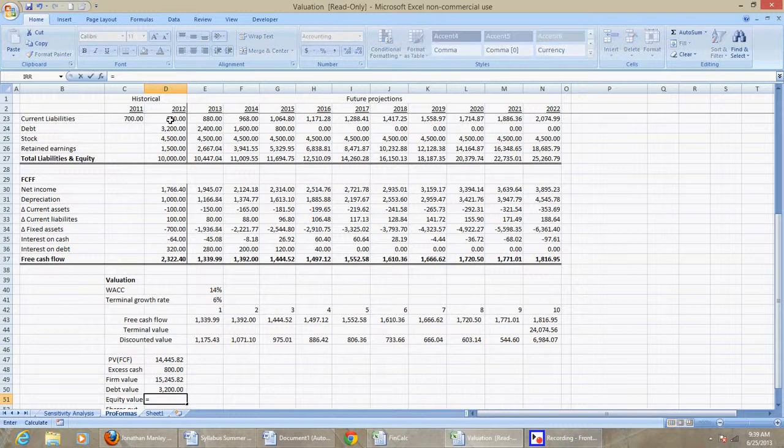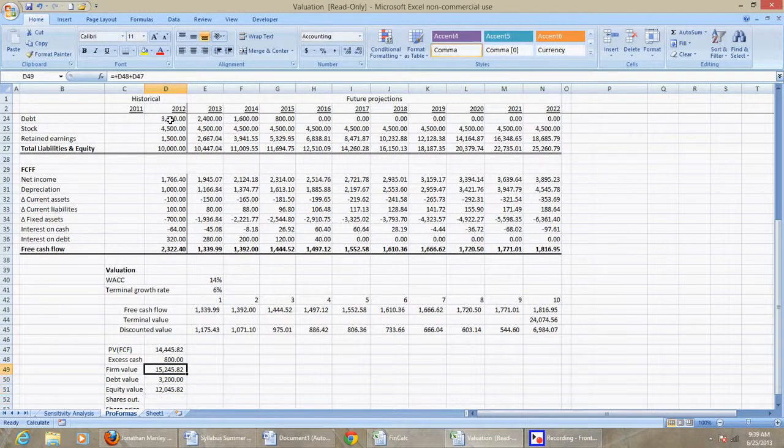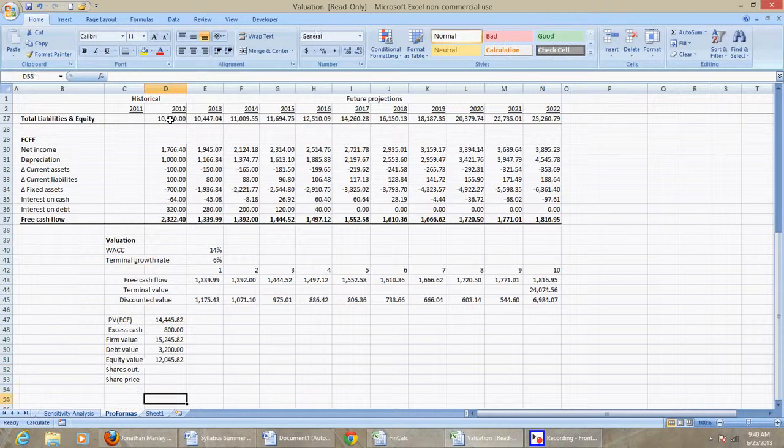So the equity value is the firm value minus the debt value. And shares outstanding, we can look up, say there's 750. So that's the share price.